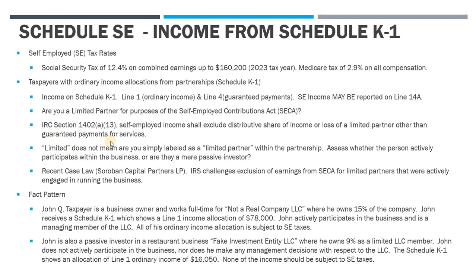Under 1402(a)(13), your self-employment income excludes your distributive share of income or loss of a limited partner, apart from guaranteed payments for services. So when you're an investor in a partnership and you have line 1 ordinary income, ask yourself, am I really a limited partner with respect to this income? And if so, then I can exclude that income from self-employment.